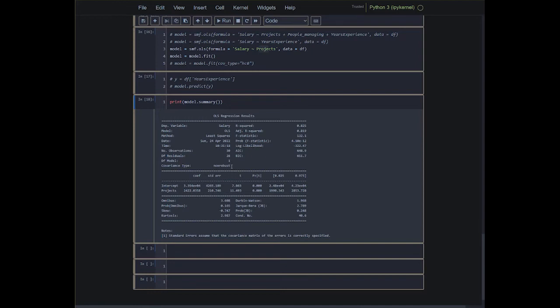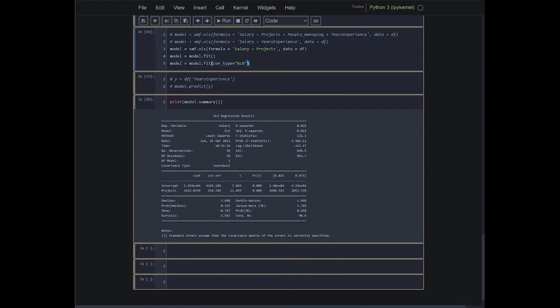HC stands for heteroscedasticity consistent, and HC0 implements the simplest version among all. Let's say instead of non-robust, we want to implement a robust type of covariance, we can declare over here covariance type, something like this.